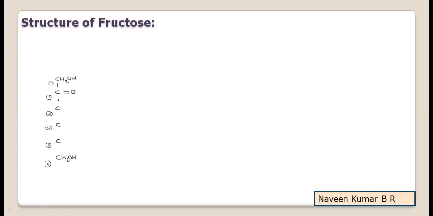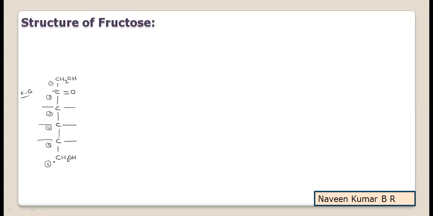Apart from this, you consider all the remaining information of glucose the same for fructose also. So you make the tetravalency state for each carbon, then you keep on assigning by recalling the CIP rules. Now the second carbon is the functional group carbon.